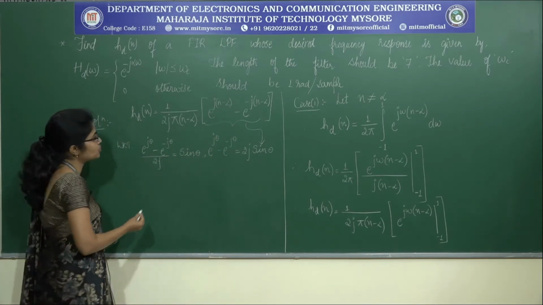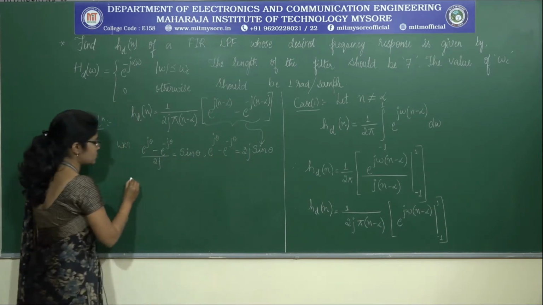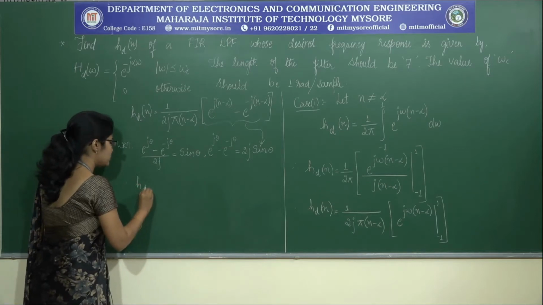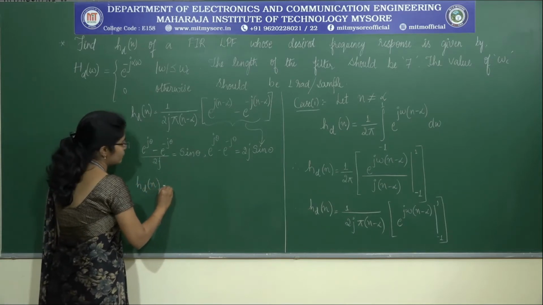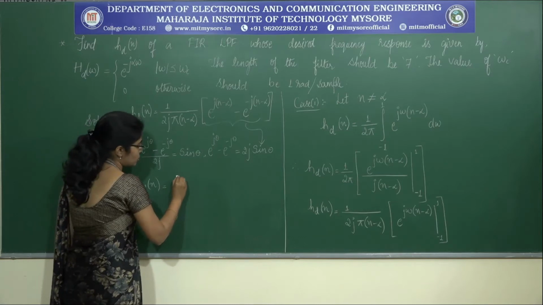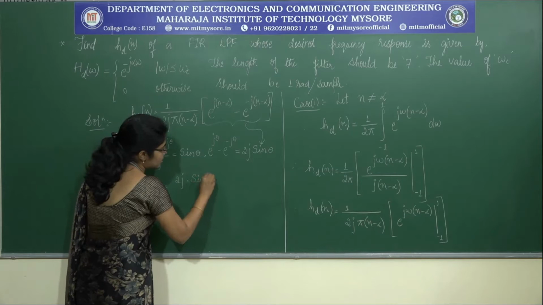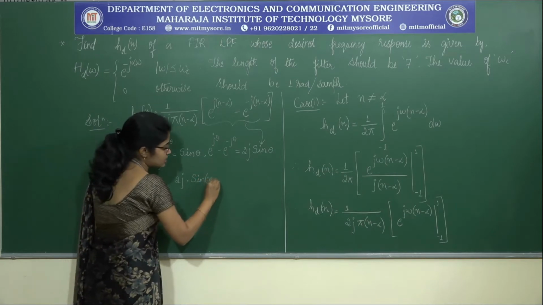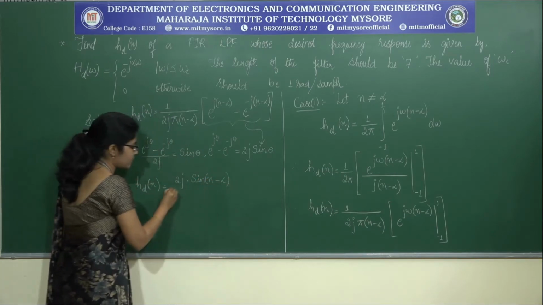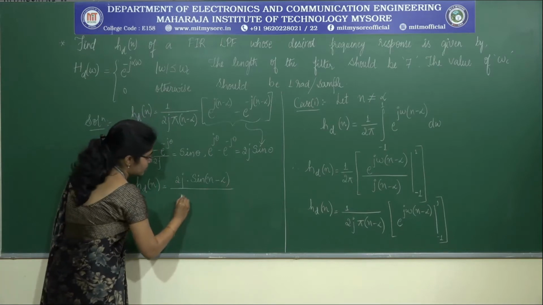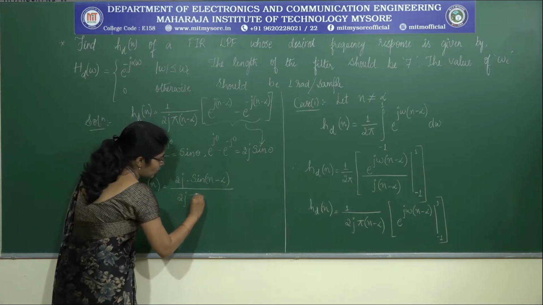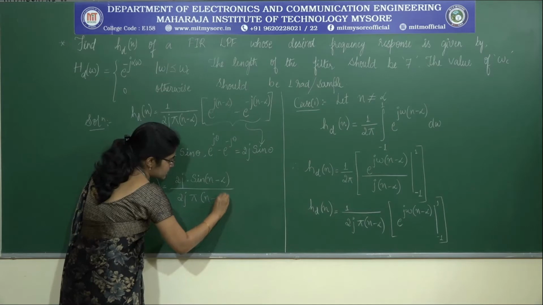So, if I substitute and write in this form, therefore, hd of n will be equal to 2j into sine, the value of theta is (n minus alpha), whole divided by 2j into pi into (n minus alpha).